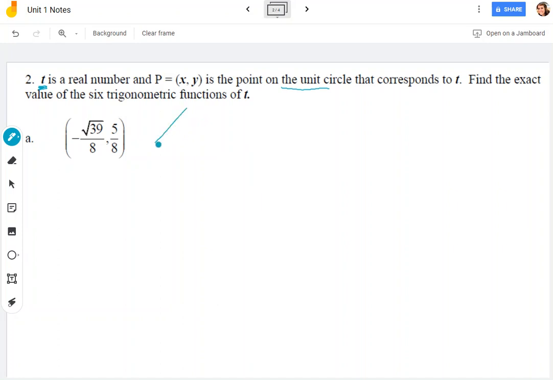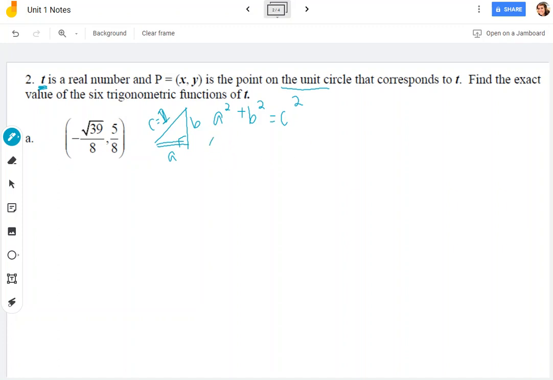Well, if we think about how we just drew a right triangle on our last slide, if we need to confirm that our radius is 1, we can use the Pythagorean theorem to verify that. So plug in your points here, your x and your y, for a and b to verify if our radius, our c, equals 1.